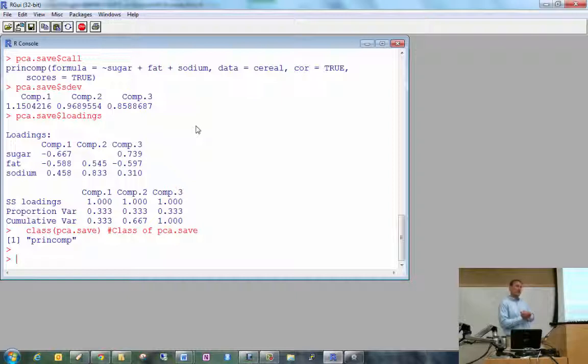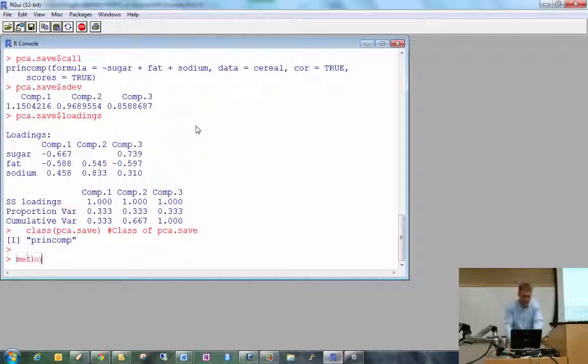Remember, every object in R has what's called a class associated with it. And it just so happens that the class for results from princomp is also called princomp. Generally speaking, when you write functions, you don't have to have a class returned that's always the same name as the function, but often it's very convenient, so you will see that most often.